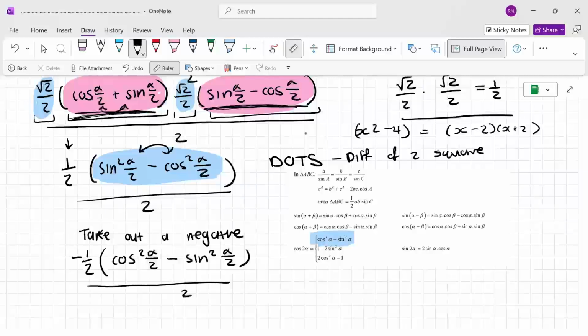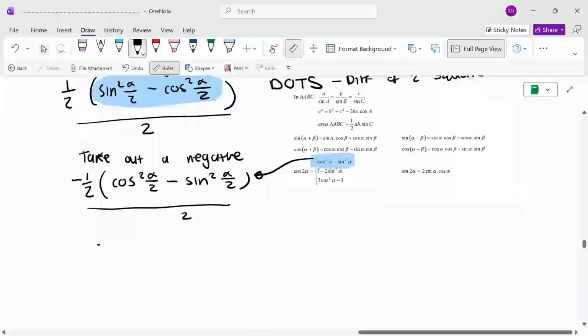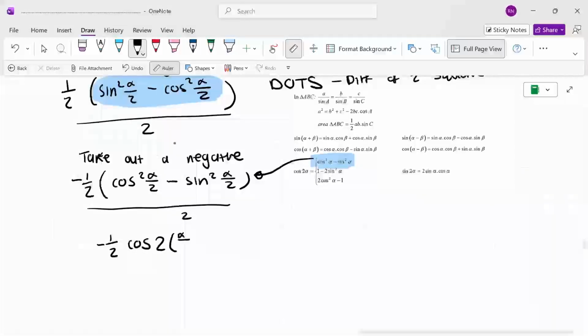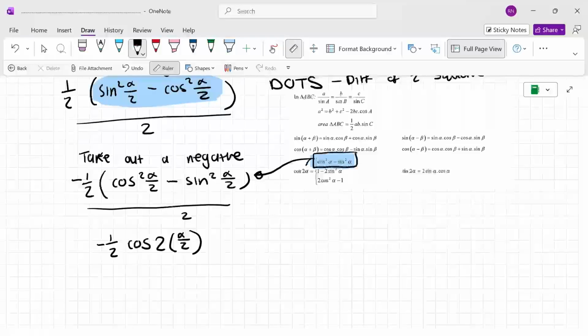Now I can replace this with a cos of that double angle. So I can replace this with negative 1 over 2 with cos of 2 times alpha over 2, because it's the same format, and I'm just replacing it with that.